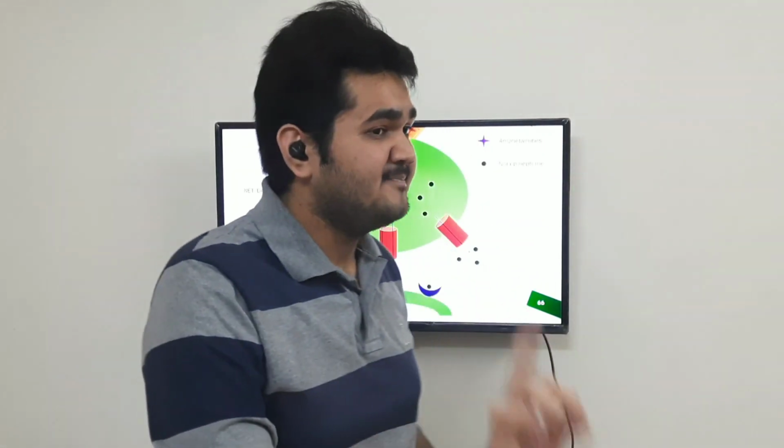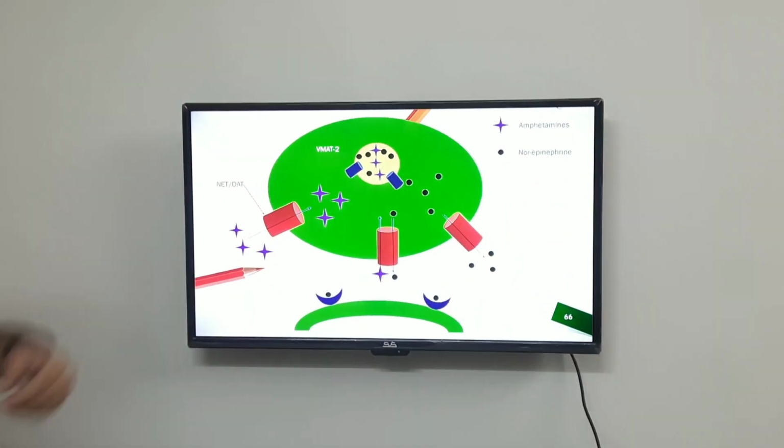That means they will occupy their position by pushing them outside the class. A similar thing is happening in this particular scenario.